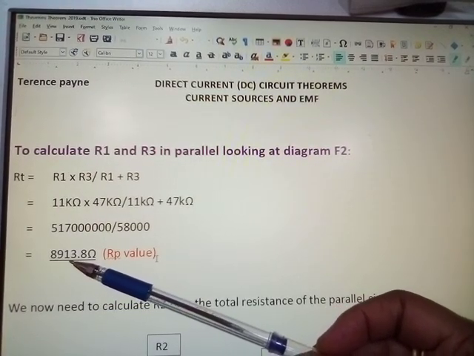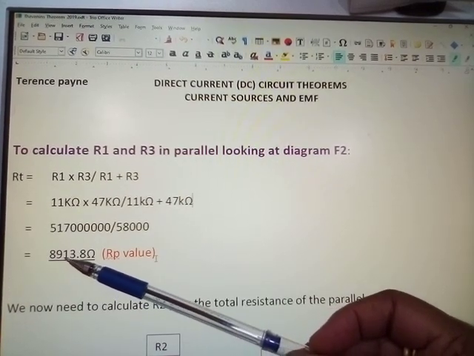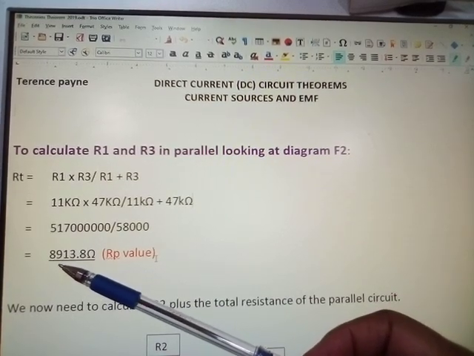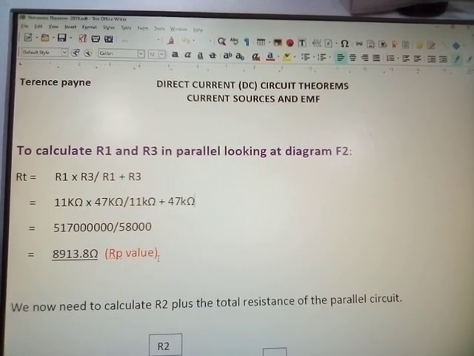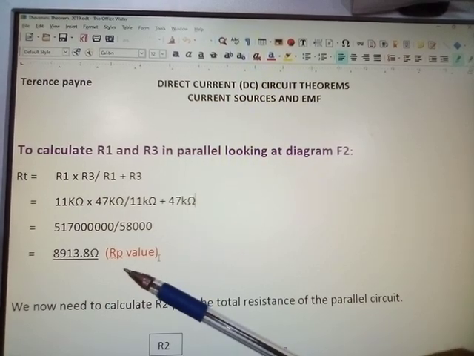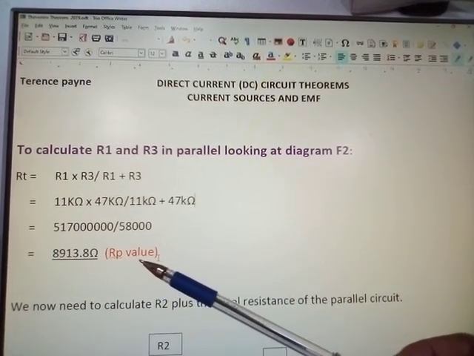This will give you 8,913.1 ohms. We need to convert that to kilo ohms, so you will divide that by 1,000. Therefore, it will then be 8.9138 kilo ohms. And this is the value in resistance in parallel.